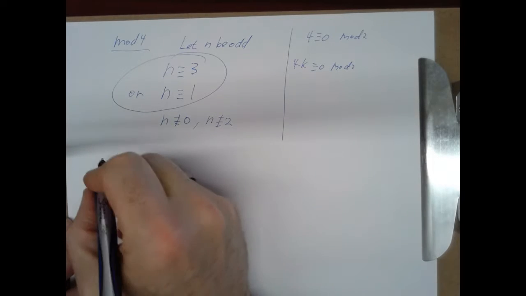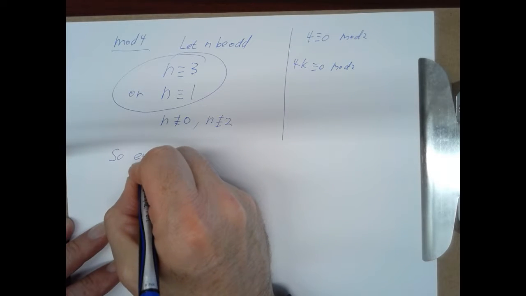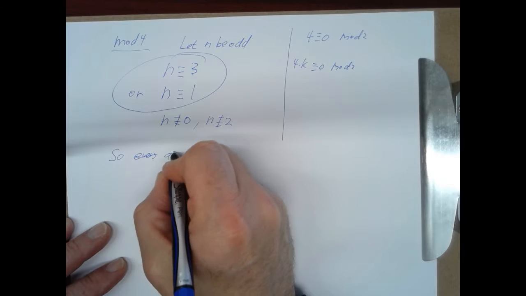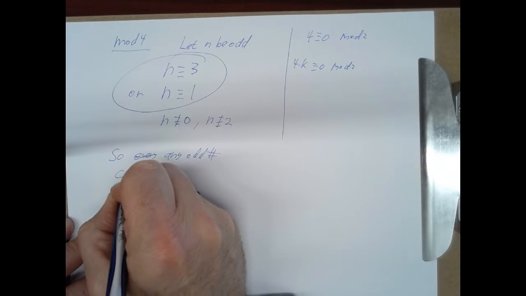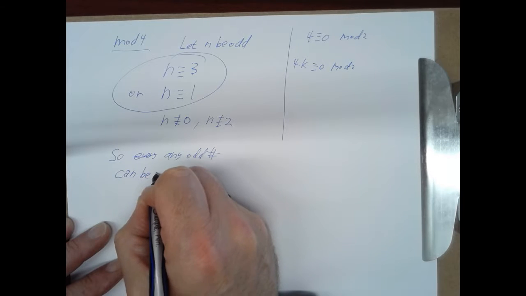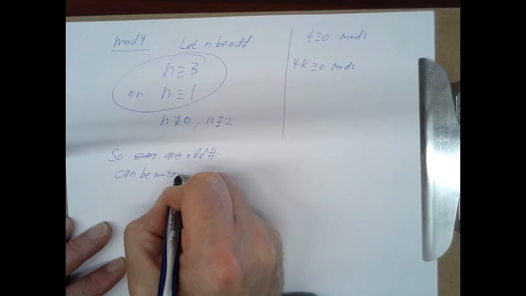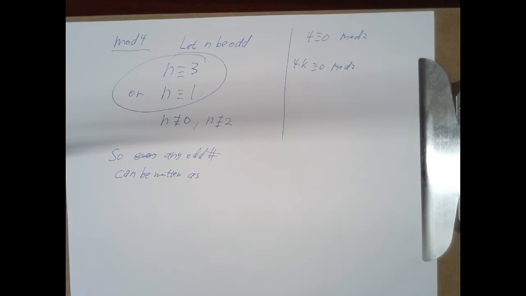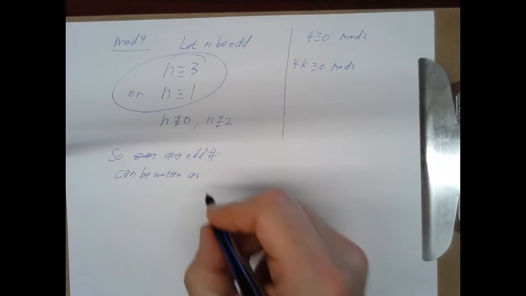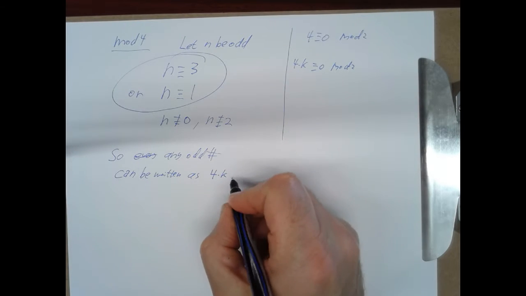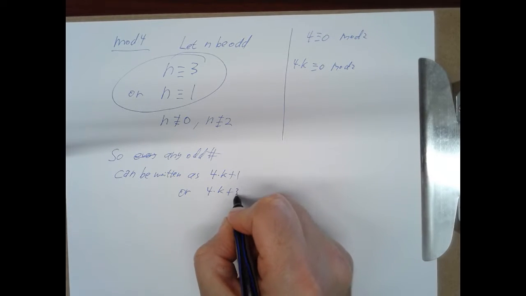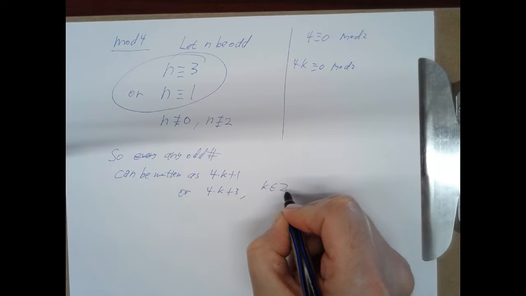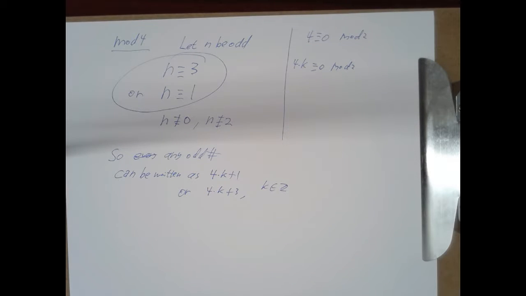So every odd number, let's say any odd number, can be written in the following form: 4 times k plus 1, or 4 times k plus 3, where k is an integer.